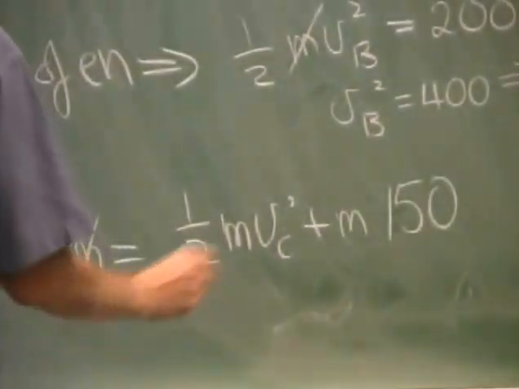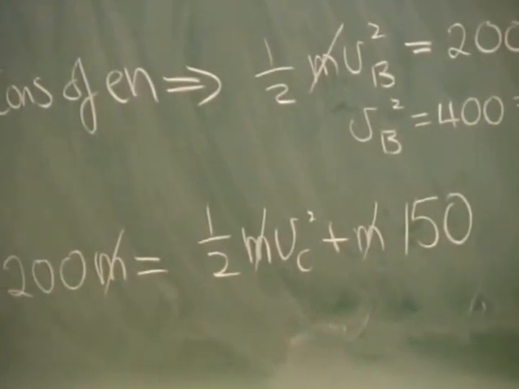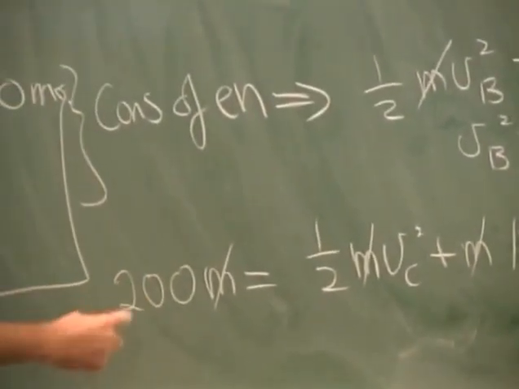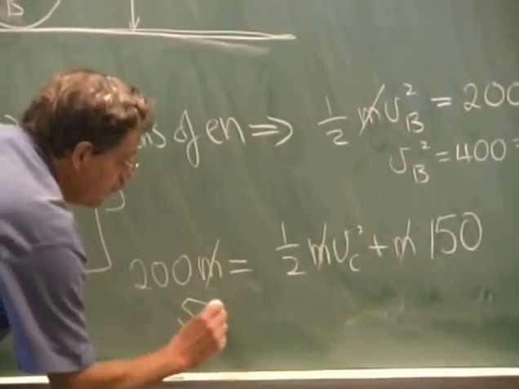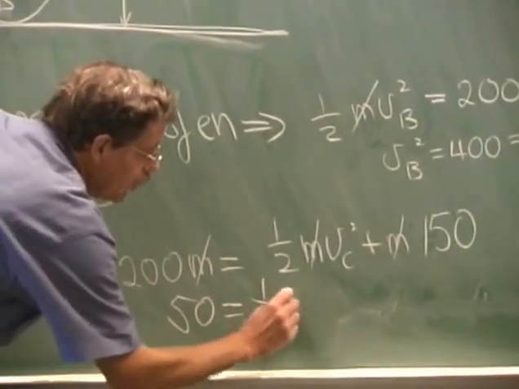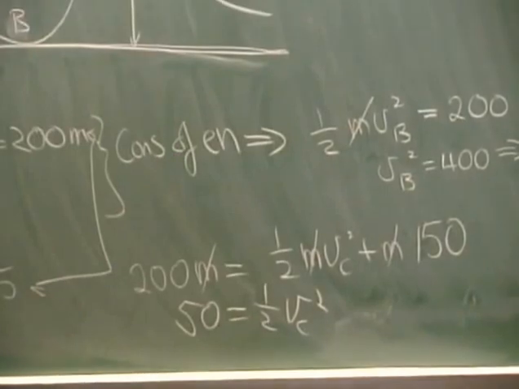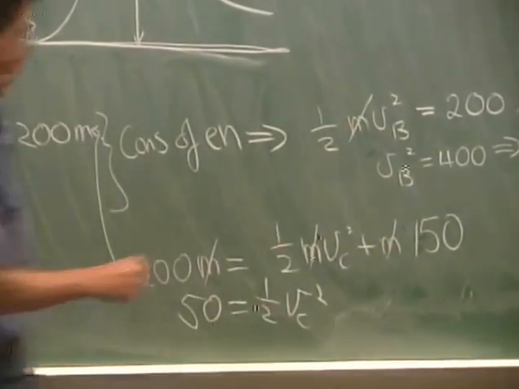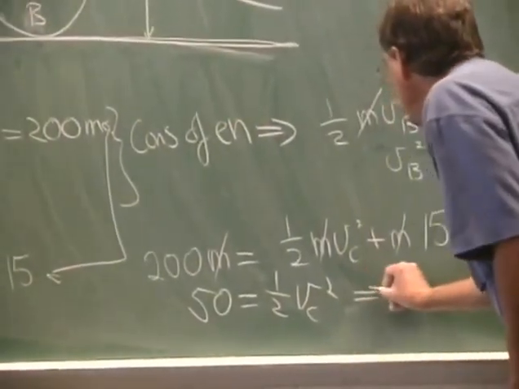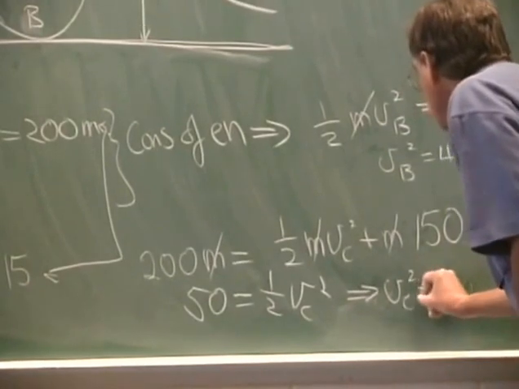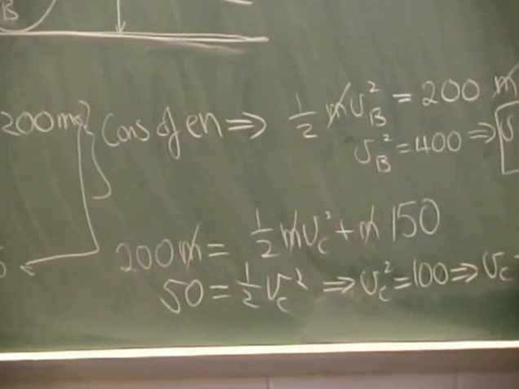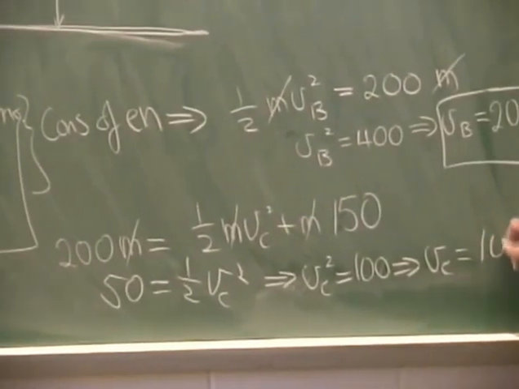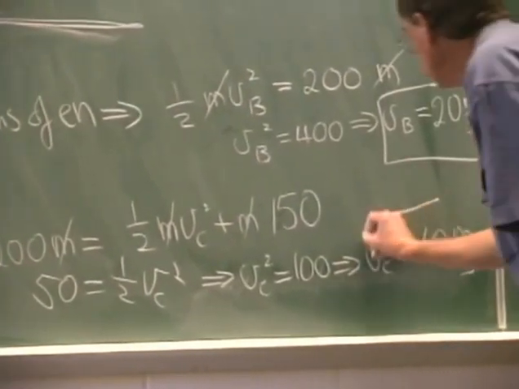Again, the m's cancel all the way through. I subtract the 150 over to the other side. 200 minus 150 is 50, is equal to 1/2 m vC squared. I get vC squared is equal to 100, and therefore v at point C, the square root of that, is 10 meters per second.